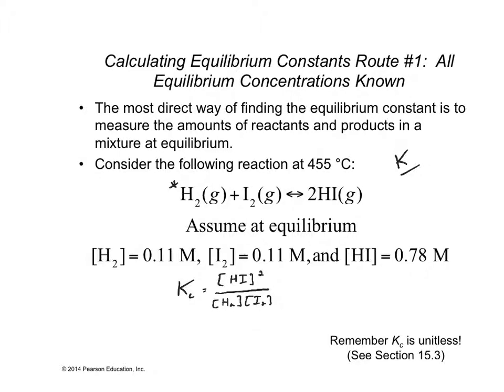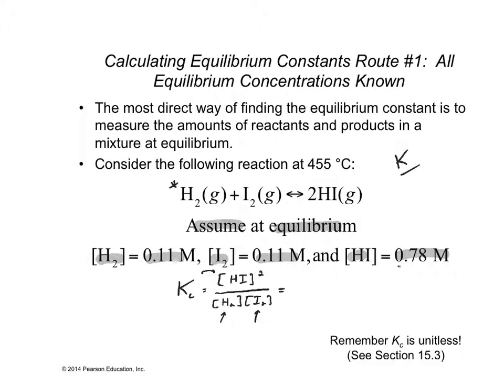Again, these concentrations have to be at equilibrium. If we are given all of the concentrations at equilibrium, where H2 is this concentration, I2 is this concentration, and HI is this concentration, then all we have to do is plug these numbers into our expression and solve for Kc. So they've given us everything at equilibrium.